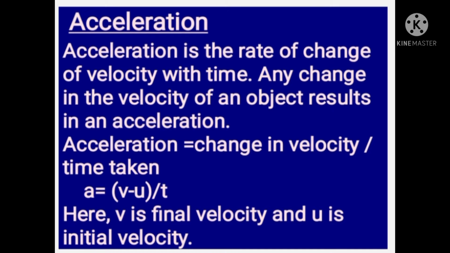We represent acceleration by small letter a, and the change in velocity is the difference of final and initial velocity. So we substitute the final velocity first and the initial velocity second. The equation is a equals v minus u by t. Here v is the final velocity and u is the initial velocity of an object.